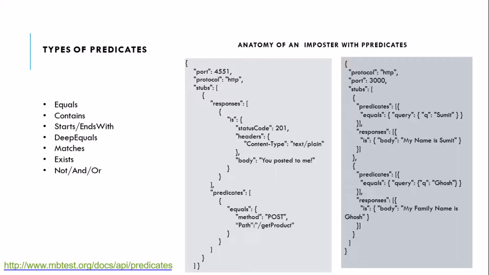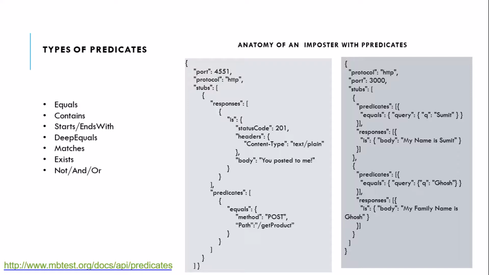Now on your right side you can see the anatomy of an imposter. If you look at the first one, you can see the predicates where we are using the key equals, where if any request received by this imposter has the method equal to POST and the path equal to get product, then this imposter will respond back with status code 201, header content type text/plain, and body equal to you posted to me.